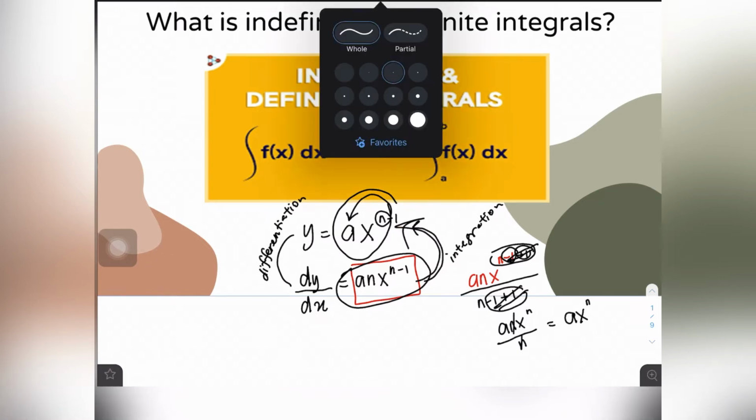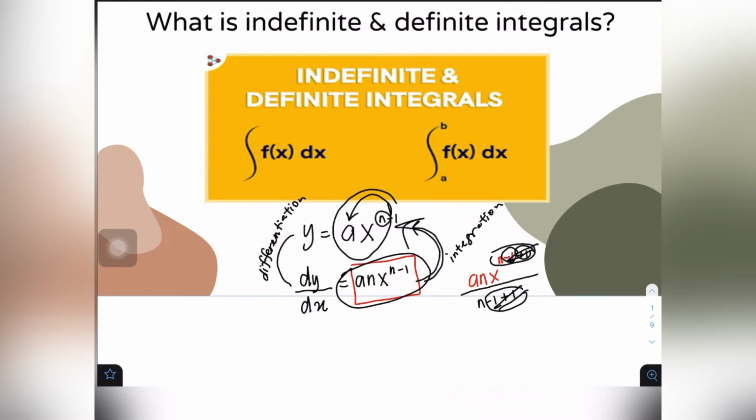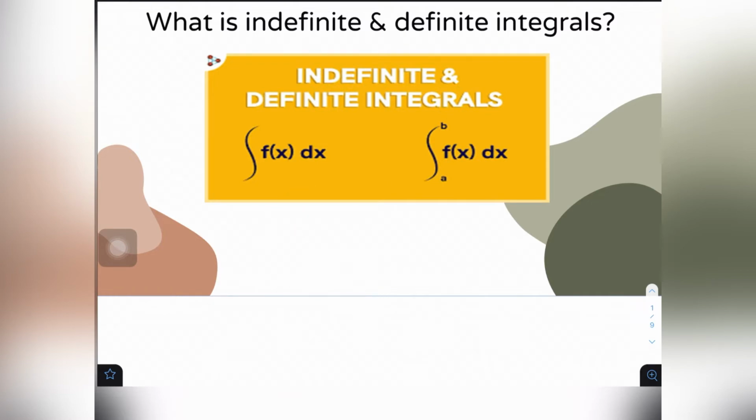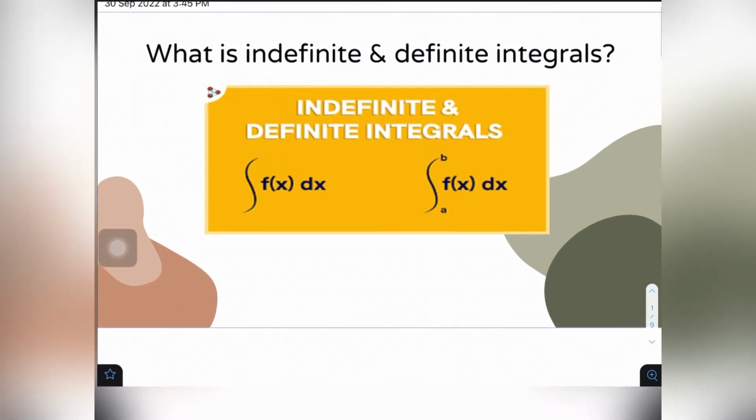Now, what actually are definite and indefinite integrals? They differ in only one way. The definite integral has limits in the integration. If you can see, this one is called the definite integral and this one is called the indefinite integral.